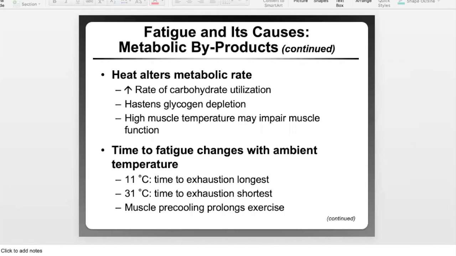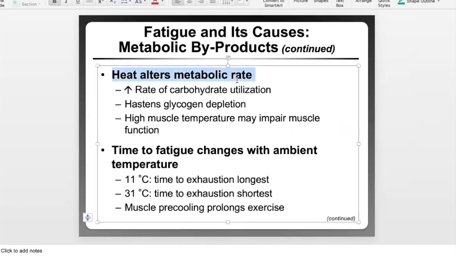So like we said, one of the metabolic byproducts of exercise is this heat loss. And what heat does is it increases the rate of carbohydrate breakdown. So you're going to break down sugars and muscle glycogen faster in hotter environments. So we want to just make sure that you're aware. Maybe it's the environment that is a cause of fatigue. It's not necessarily just your caloric intake or muscle breakdown or neurological functioning, but just the environment itself.